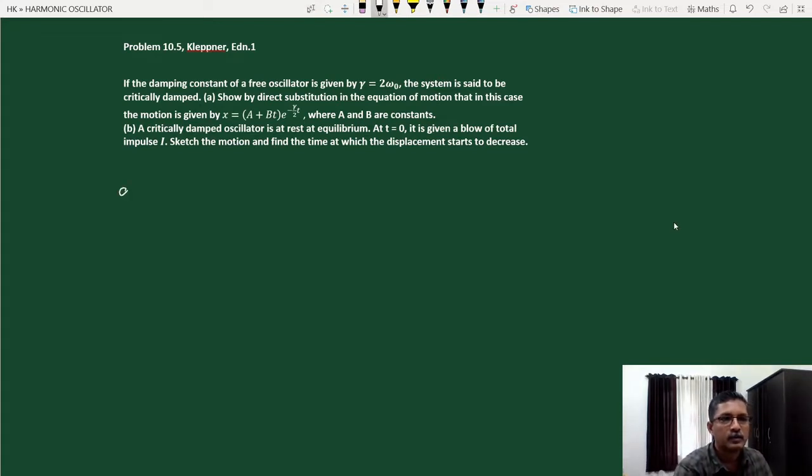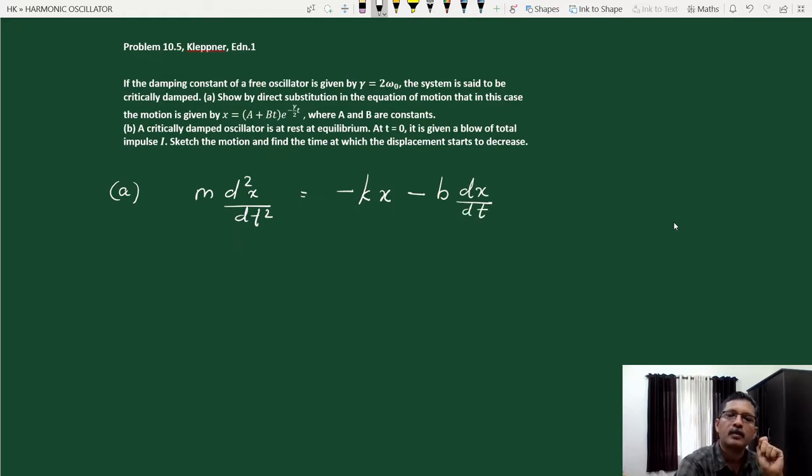So what is the equation of motion of a damped oscillator? Mass into acceleration equals force. What are the different forces? One is the spring force or the restoring force, and then the damping force, where b is some constant.